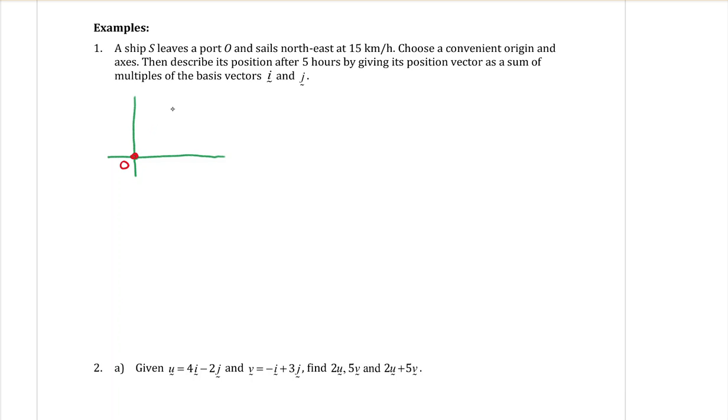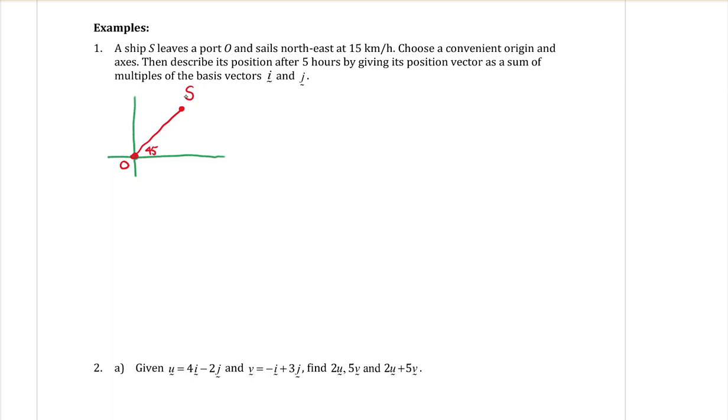It says sails northeast, so that tells me an angle, doesn't it? 45 degrees, so I'll try and make that look somewhat accurate. So I have a 45 degree angle in there, or you could draw it to the north if you'd like. Both of them would be 45, and that would be S. A ship S has left port O and it's sailing northeast there.